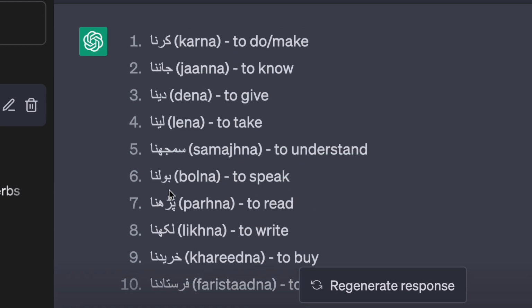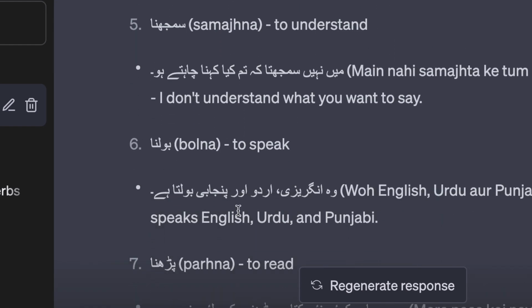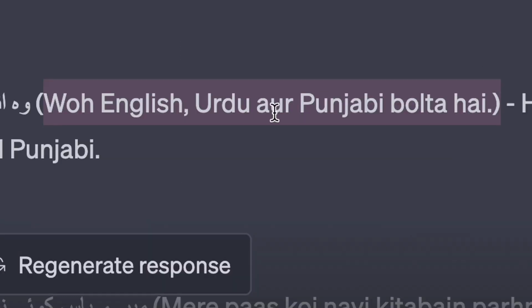Now we're going to go to the next word, which is bolna. Bolna is to speak, or it is also to say as well. मैं बोल रही हूँ. I'm saying, I'm speaking. Let's see what example it gives us. वो इंग्लिश, उर्दू और पंजाबी बोलता है. वो इंग्लिश, Urdu, and here means and.